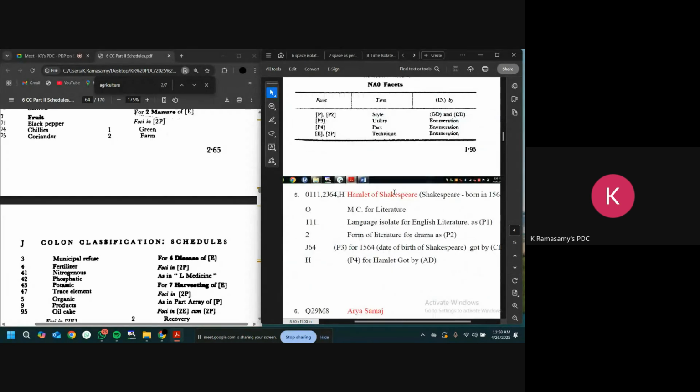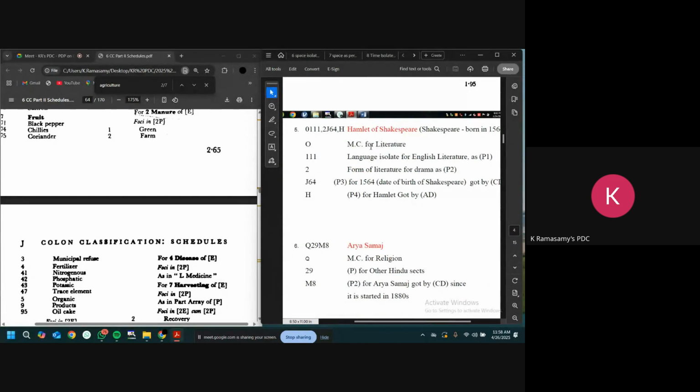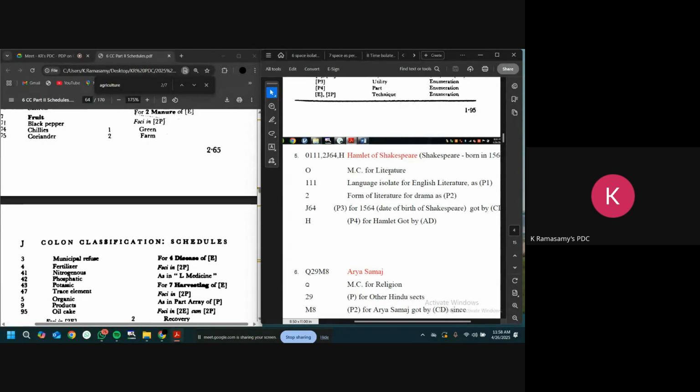Then, for example, you are writing a number for a book which was written by Shakespeare. And here, when you are writing a number for the book called Hamlet of Shakespeare, we know it comes under main class literature. It's in English language. It is a drama. And how to represent Shakespeare? We cannot write Shakespeare. So Ranganathan suggested, instead of writing the name of the author, you can use his year of birth.